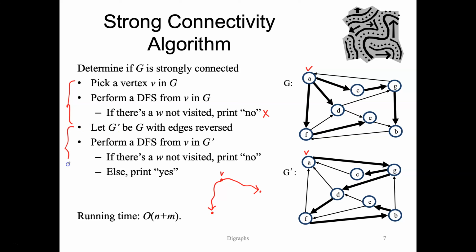And in the second step, it's established that every other vertex can reach V. Which means that through V, each vertex, say X and Y, can reach each other. X can reach V and V can reach Y, and Y can reach V and V can reach X. So we've got a path from X to Y and a path from Y to X through this vertex V. So the total running time is big O of N plus M, which is the cost of depth first search. And this is because we only call depth first search twice.